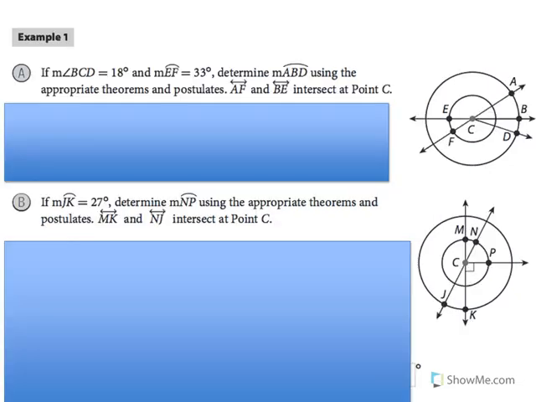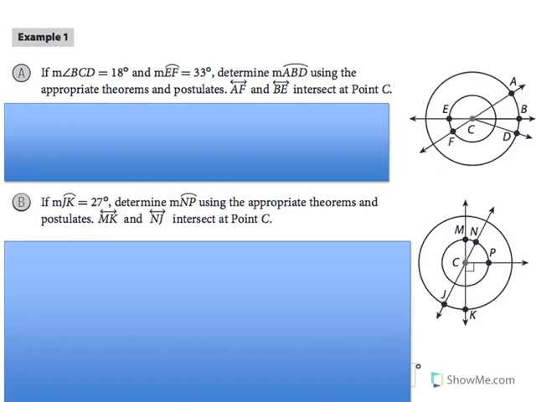Example 1. If the angle BCD is 18 degrees and the measurement of the arc EF is 33 degrees, determine the measurement of the arc ABD using the appropriate theorems and postulate.